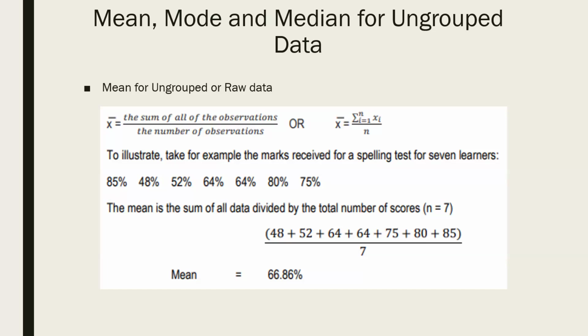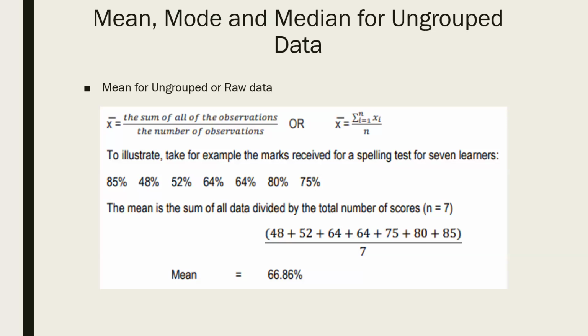So we are first going to focus on ungrouped data. Grouped data has its own way of calculating mean, mode, and median, and ungrouped data has its own way too. So let's look first at ungrouped data.